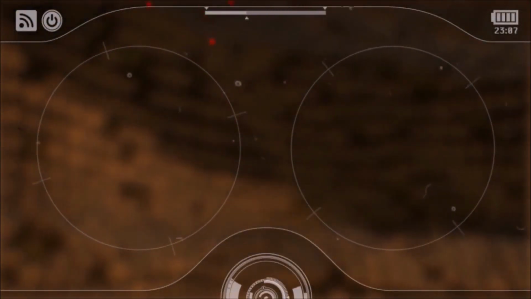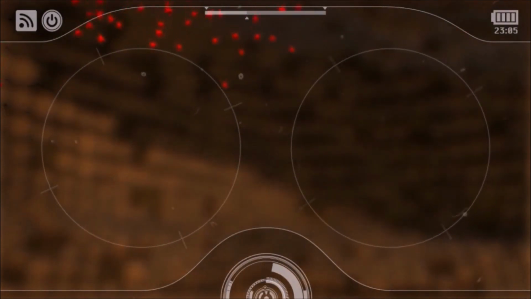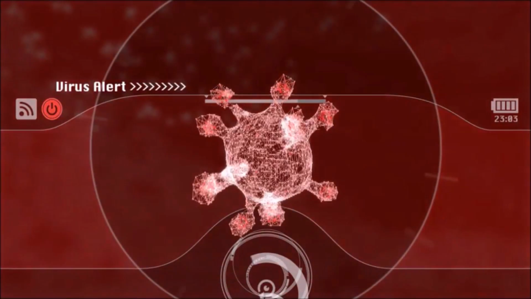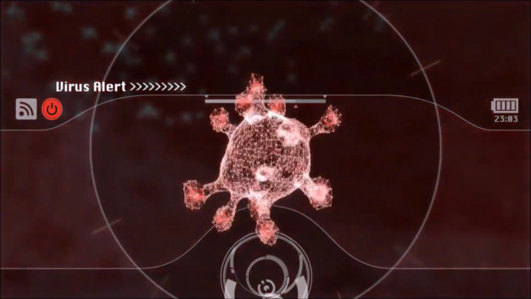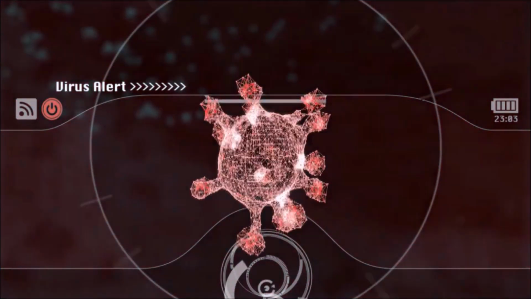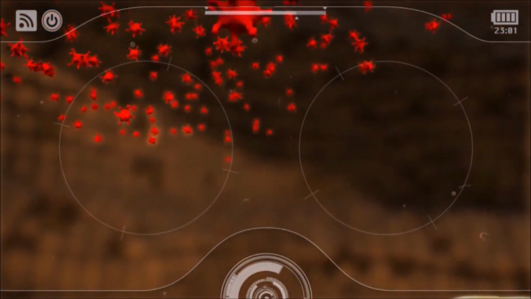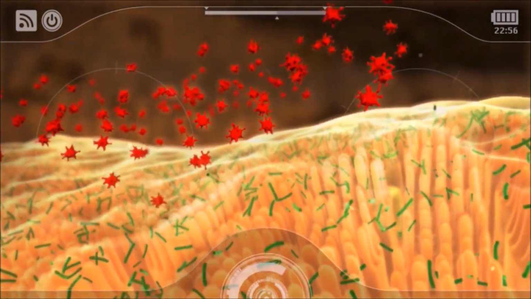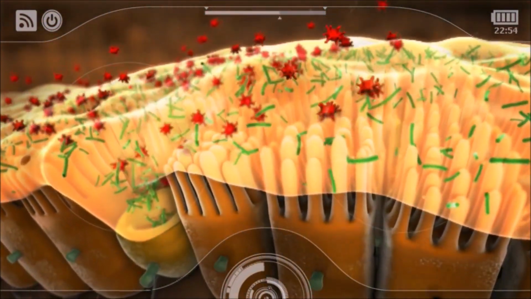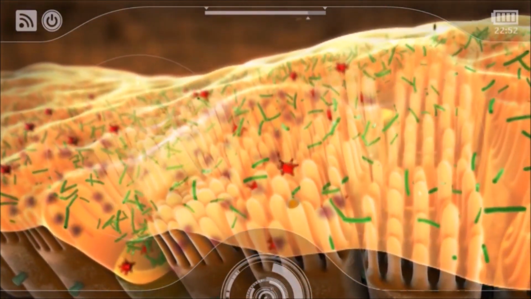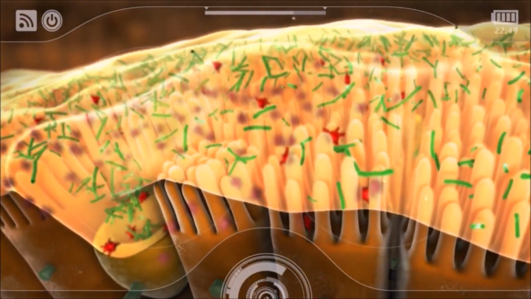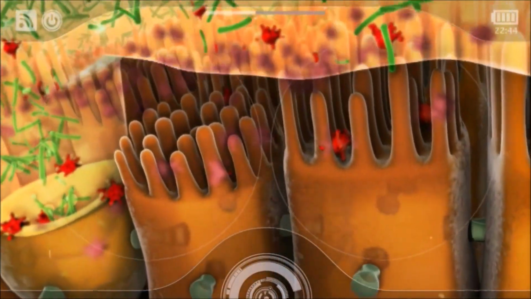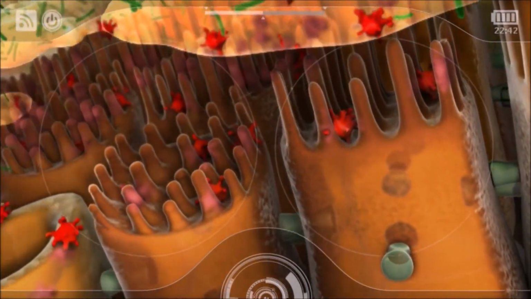The proliferation of viruses leads to a disruption of the mucosal barrier. Viruses destroy the mucus and the microvilli barrier and disrupt the tight junctions.